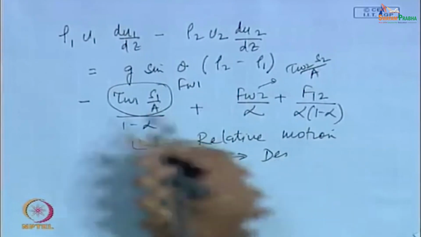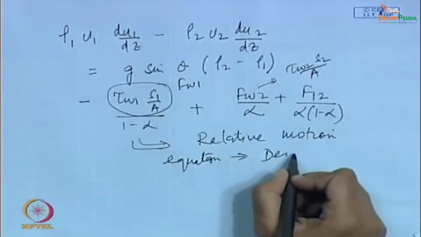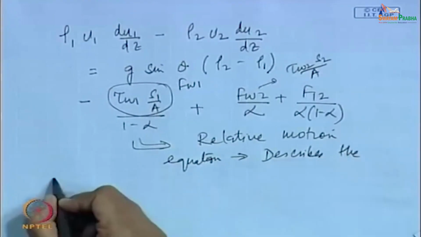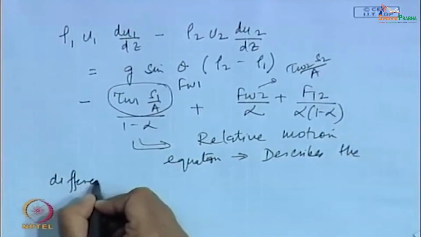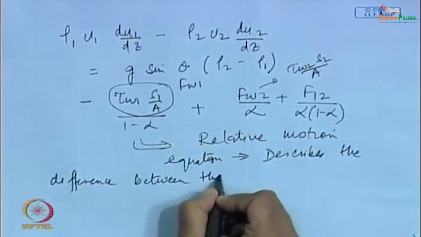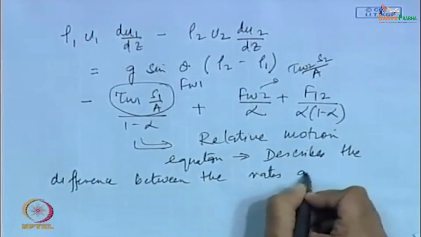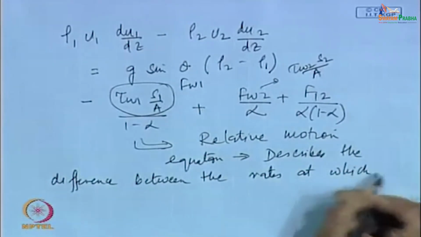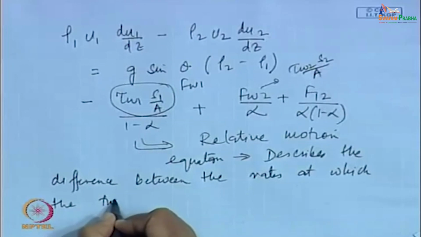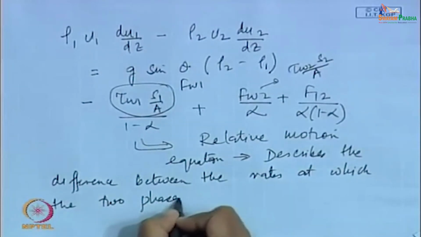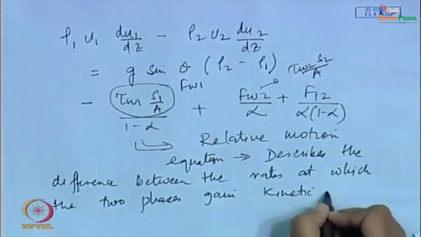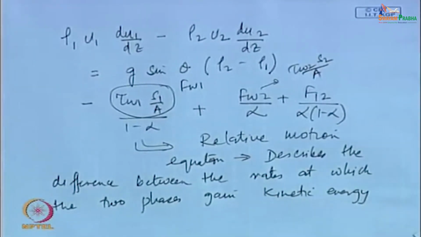If you see these two particular terms, it describes the difference between the rates at which the two phases gain kinetic energy. See if you have understood what I have written down.